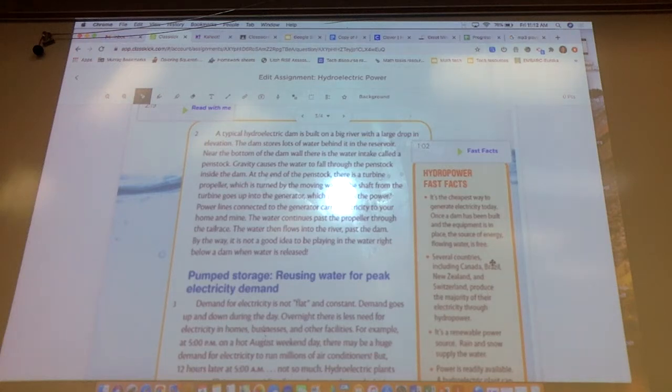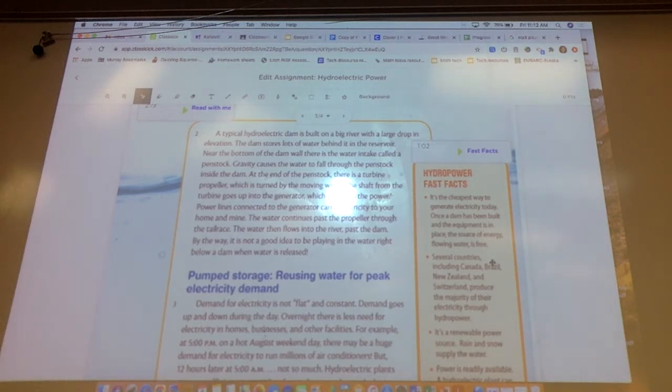Near the bottom of the dam wall, there is the water intake called a penstock. Gravity causes the water to fall through the penstock inside the dam. At the end of the penstock, there is a turbine propeller, which is turned by the moving water.